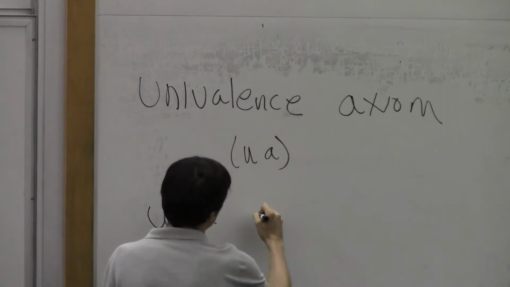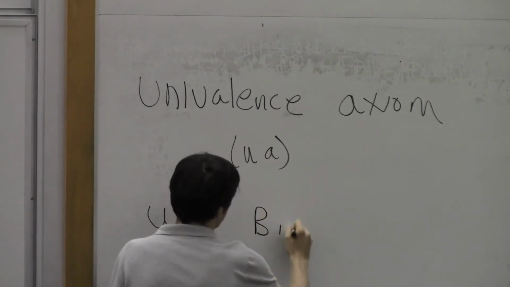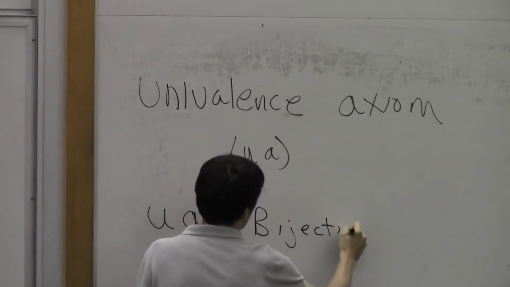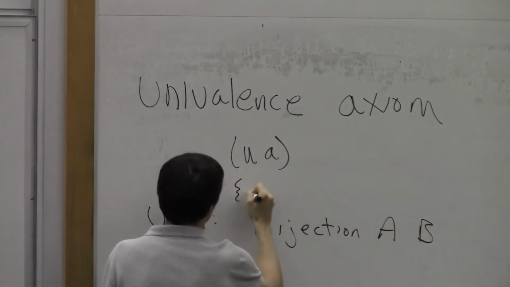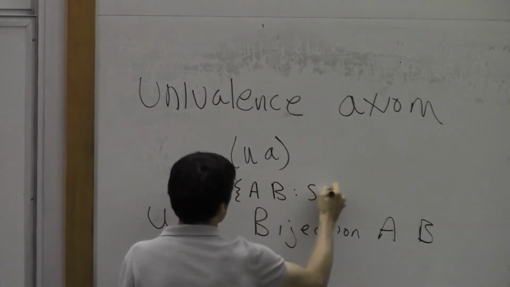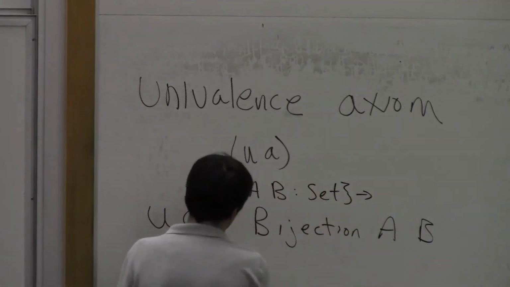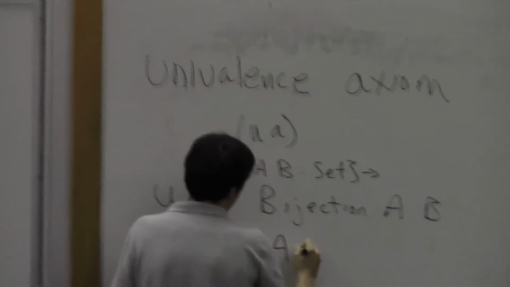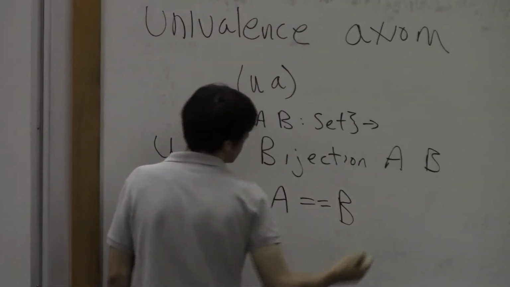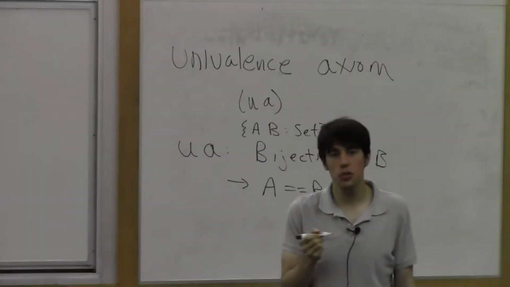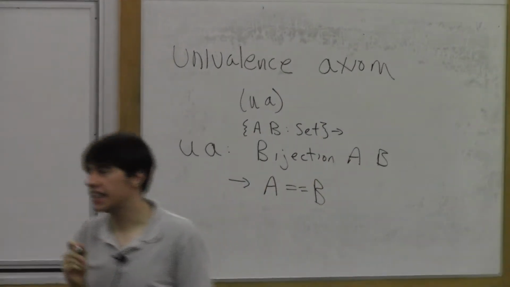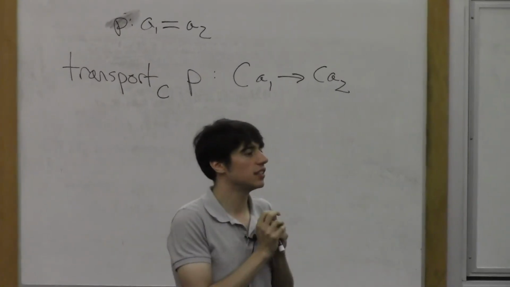What UA says is that if there is a bijection between two types A and B, for any A, B colon Set, then A equals B. Okay? So the new principle that we add in homotopy type theory can be said as: bijective types are equal.